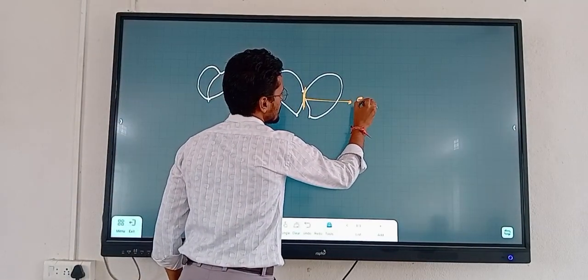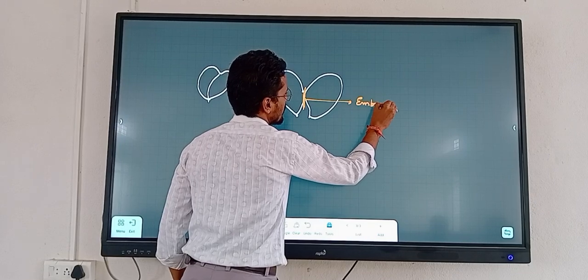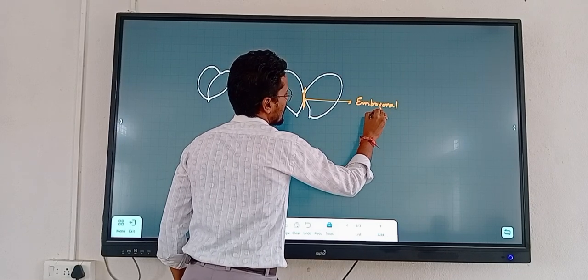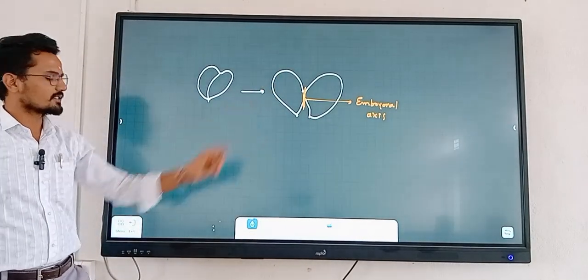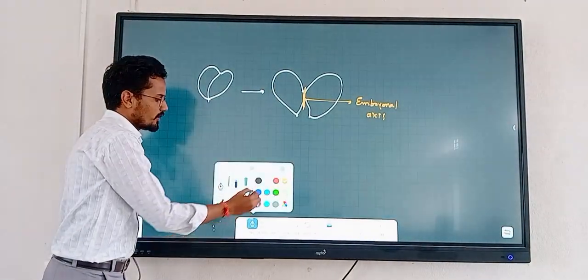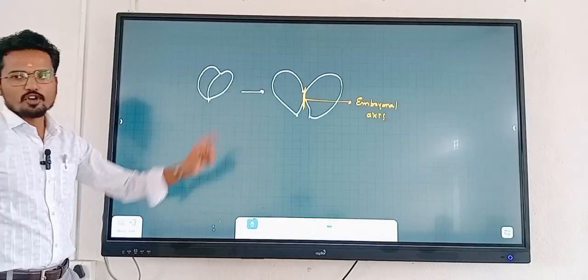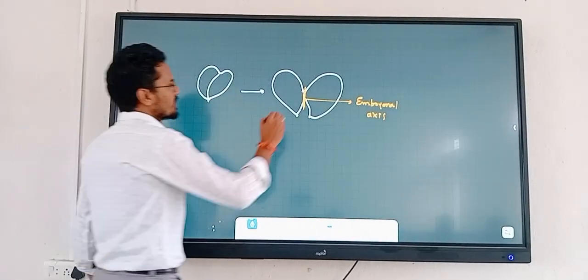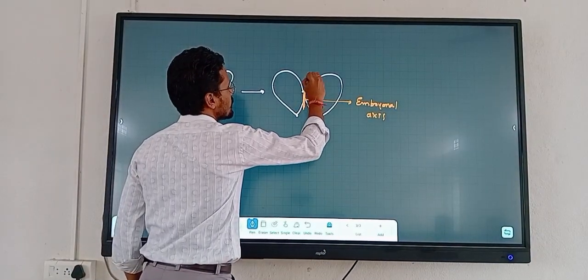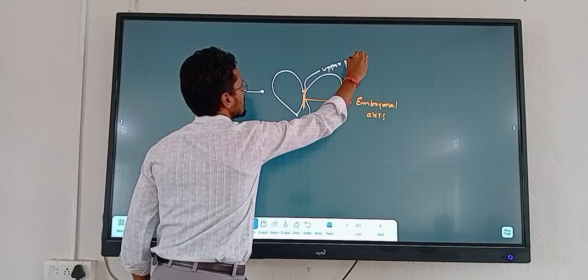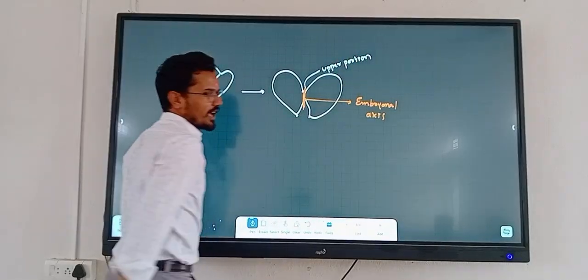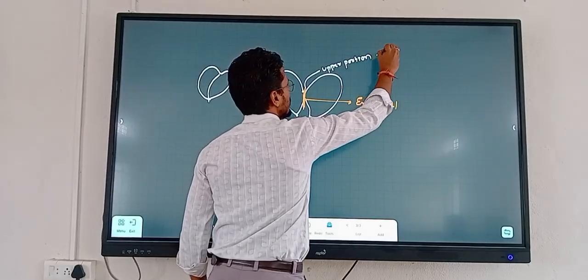This embryonal axis has two parts. The upper portion of this embryonal axis is called the plumule.